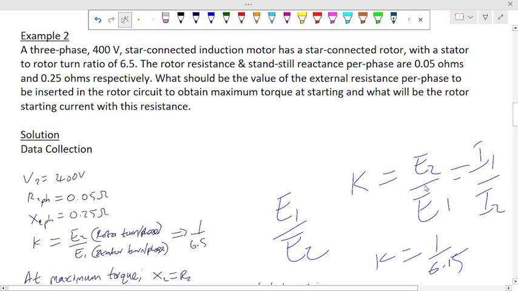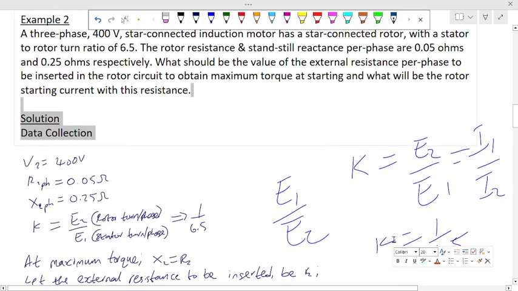If we were giving rotor to stator, it would have been exactly what K is, which is E2 over E1, meaning K would have been just 6.5. But since we are giving the inverse, stator to rotor, we are using 1 over 6.5. I hope you get that. So that's why we have K equals 1 over 6.5.